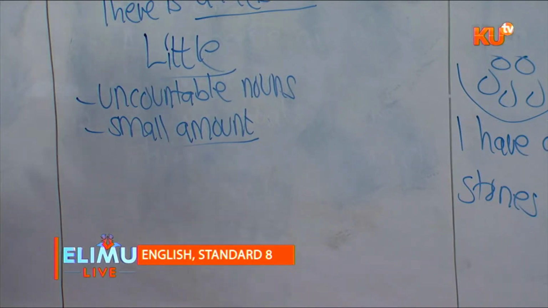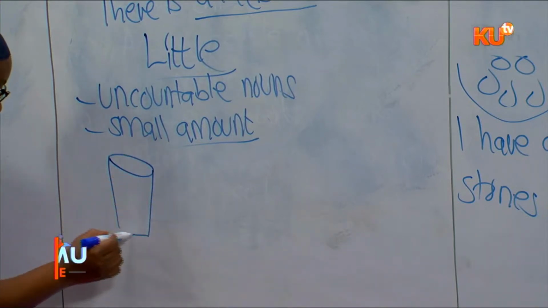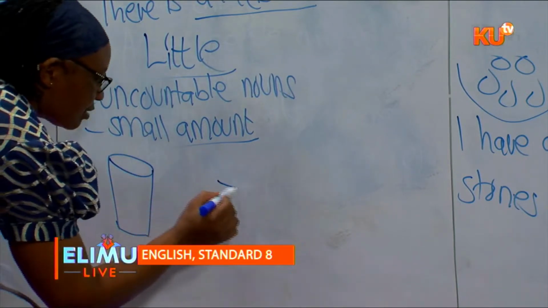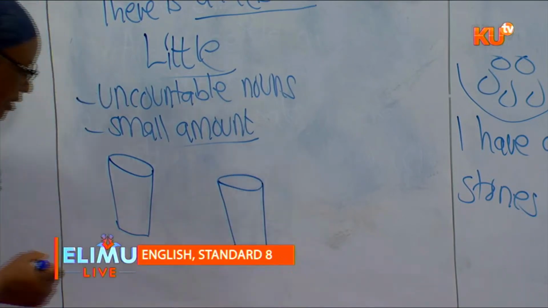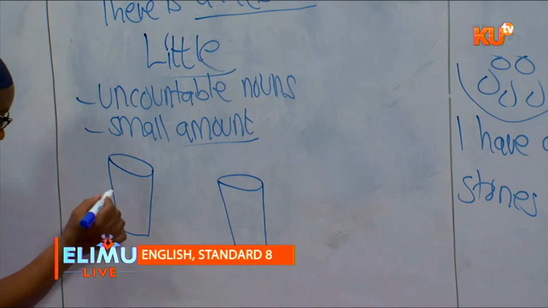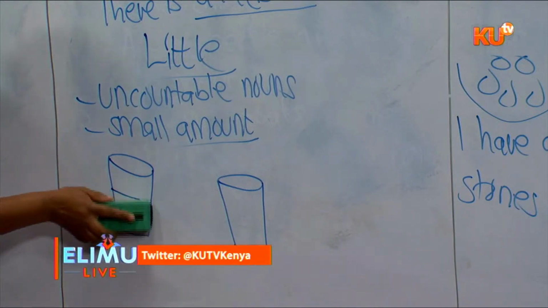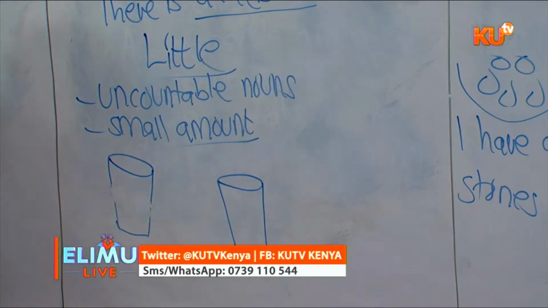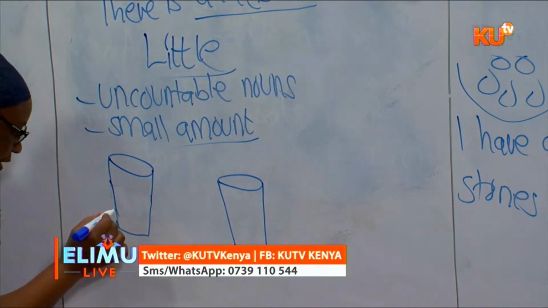So, for example, we have a glass, maybe of water or oil. We have 2 glasses. I'm assuming the glasses are of the same size. So in the first one, this is much. You have put some water. So you say, I have a little water.